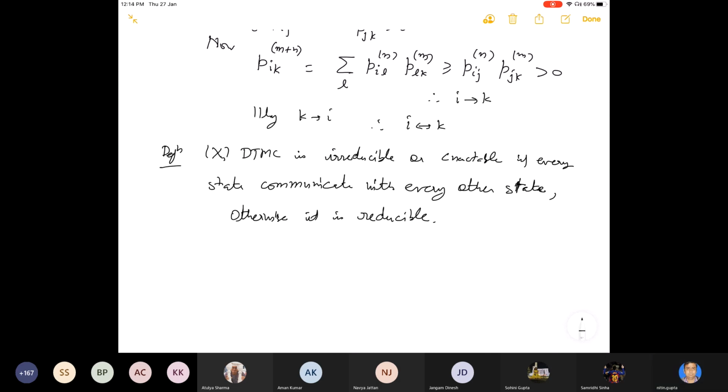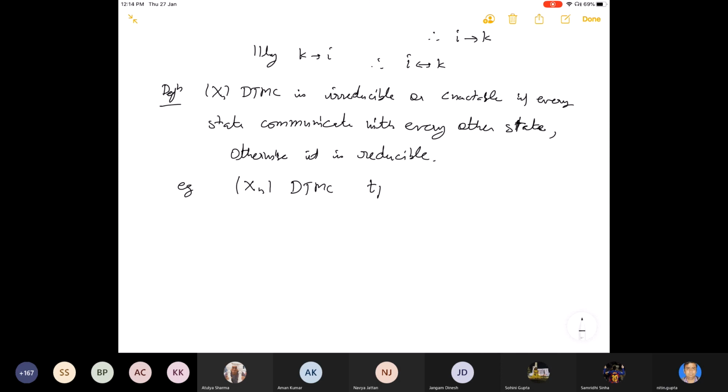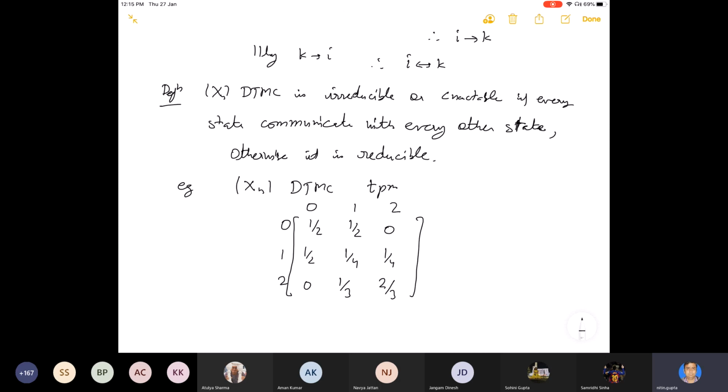So, for example, consider a discrete time Markov chain with TPM, states are 0, 1, 2: rows 1/2, 1/2, 0; 1/2, 1/4, 1/4; 0, 1/3, 2/3.